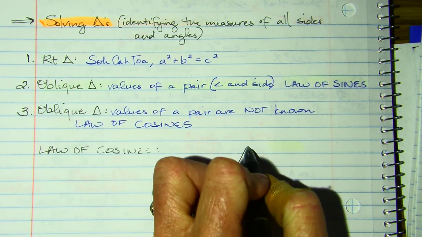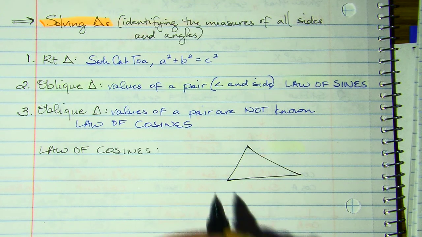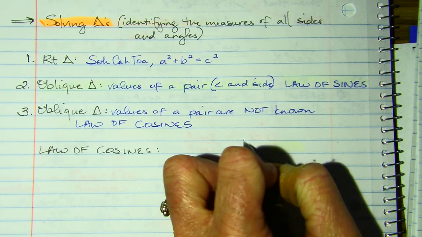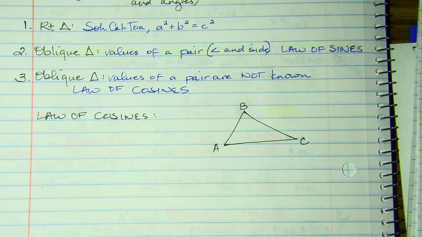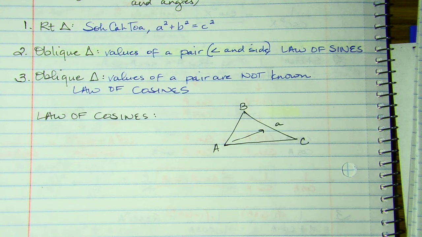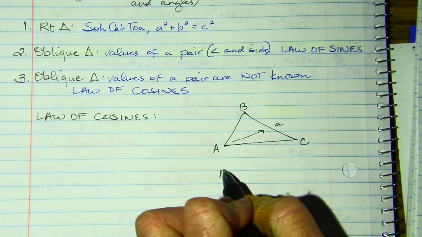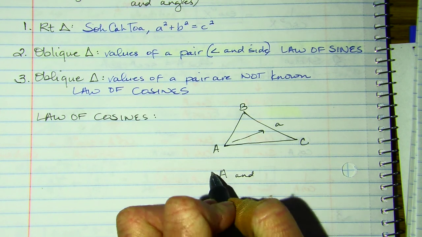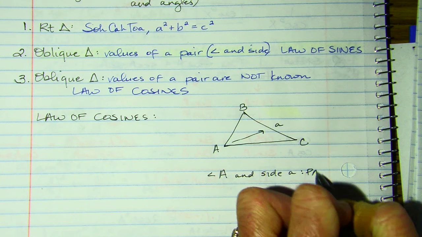I'm going to draw a triangle, and this is the same for the law of sines. So if I have A, B, C, when I say a pair, I'm referring to an angle and the side across from it. So angle A and side A are a pair.